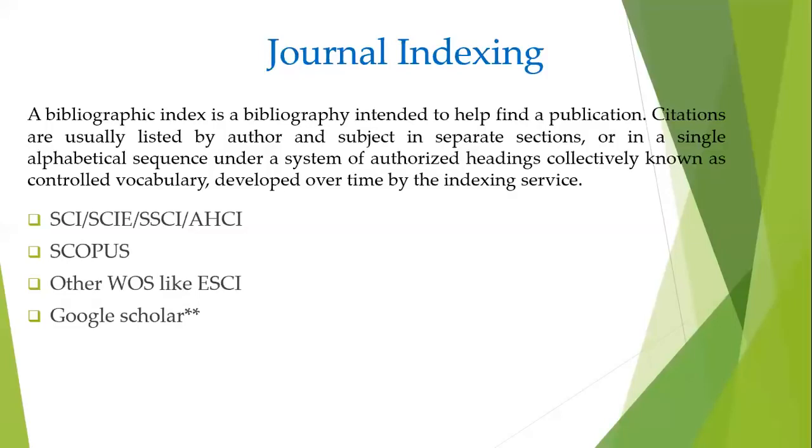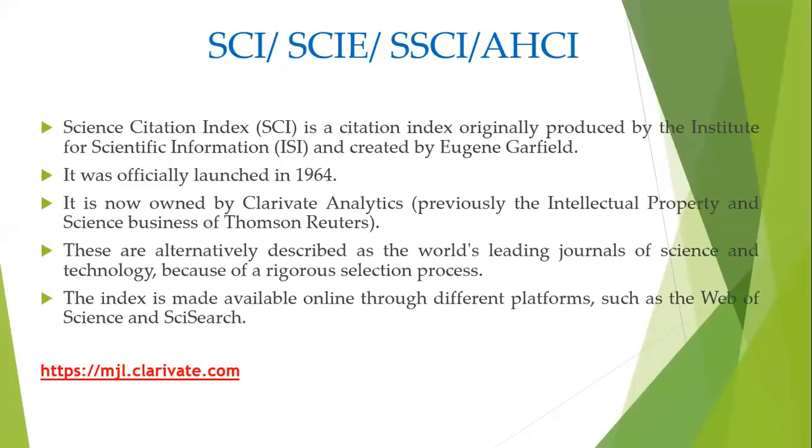These are also some reputed lists, but they are considered to be a little inferior to the SCI and the Scopus. We also have something called Google Scholar, which all of you might be aware of. We'll also learn about Google Scholar in detail in a later slide. So let us first look at the SCI, SCIE, SSCI, and AHCI.